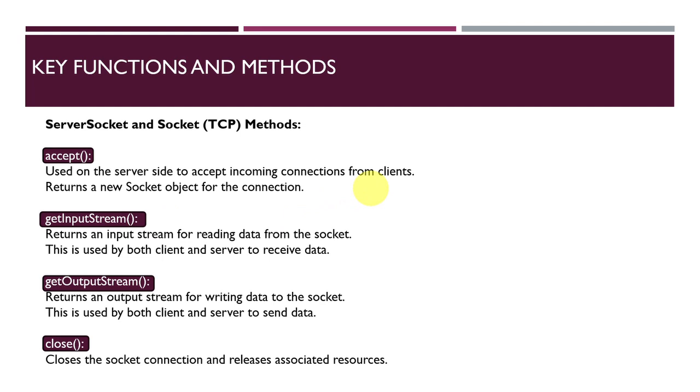This is used by both client and server to receive data. getOutputStream returns an output stream for writing data to the socket. This is used by both client and server to send data. Close closes the connection and releases the associated resources.